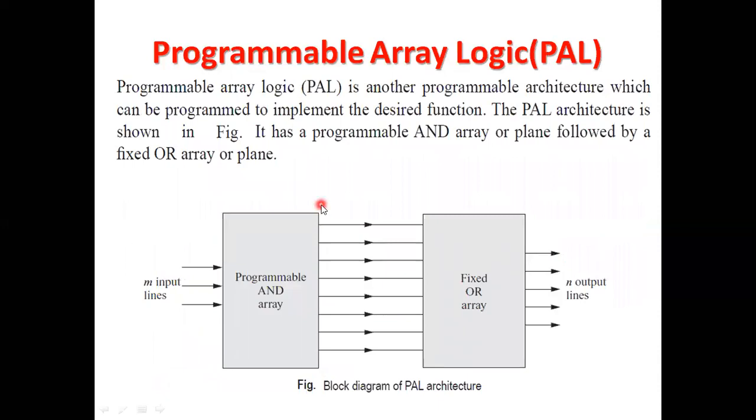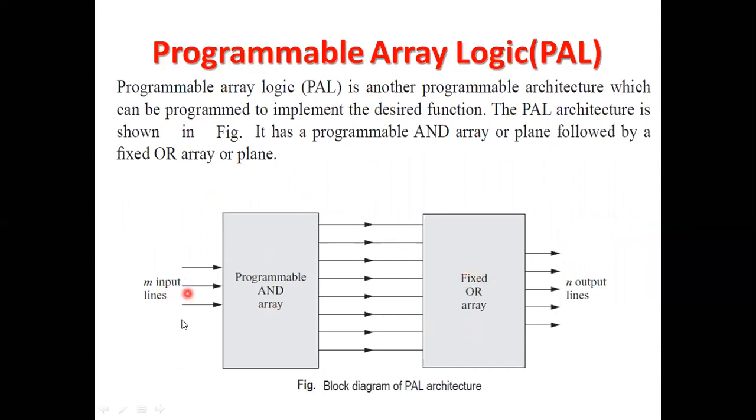PAL, the programmable array logic, is another programmable architecture which can be programmed to implement the desired function. The PAL architecture is shown in this figure. This one is the programmable AND array and this is the fixed OR array.